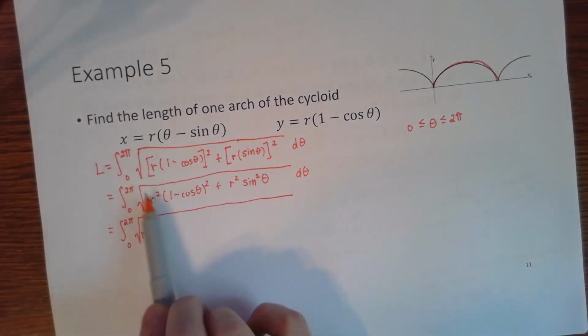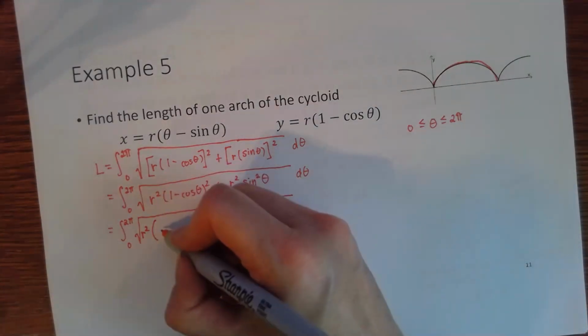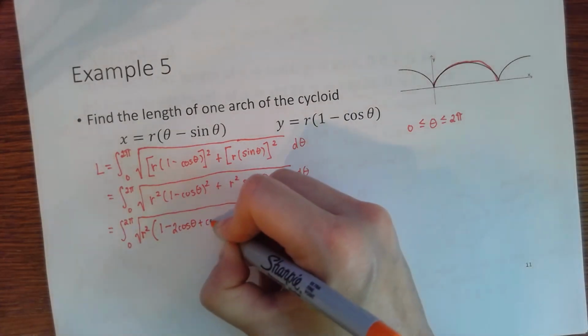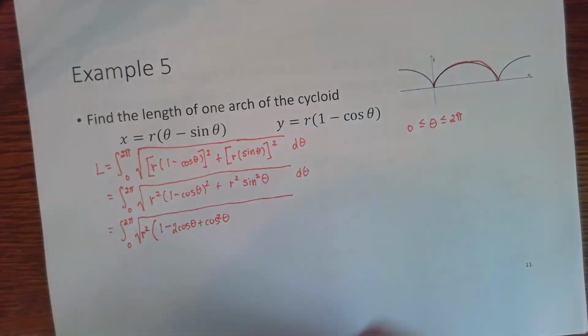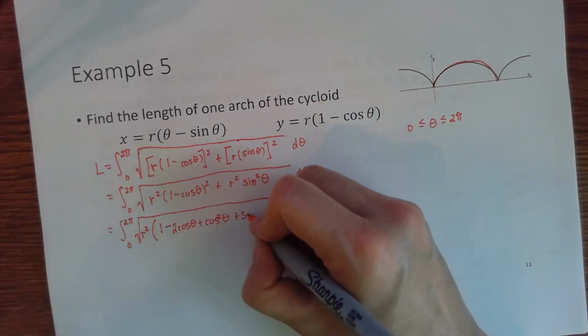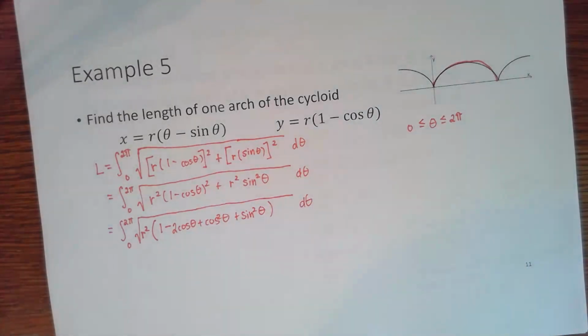So I'm going to factor out the r squared, and expand this in the same step. So this will be 1 minus 2 cosine theta plus cosine squared of theta. And factoring out the r squared, this one's just going to give me sine squared of theta.